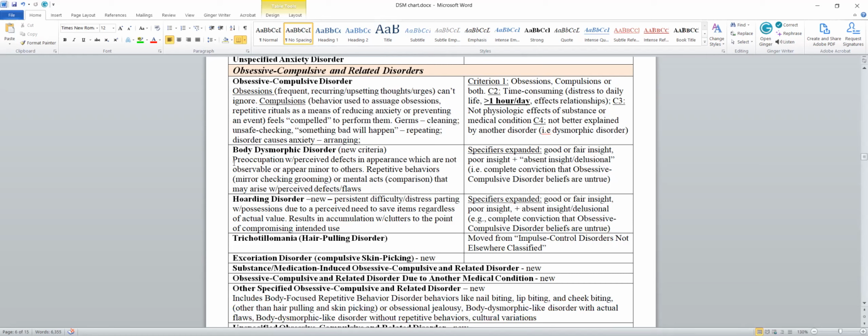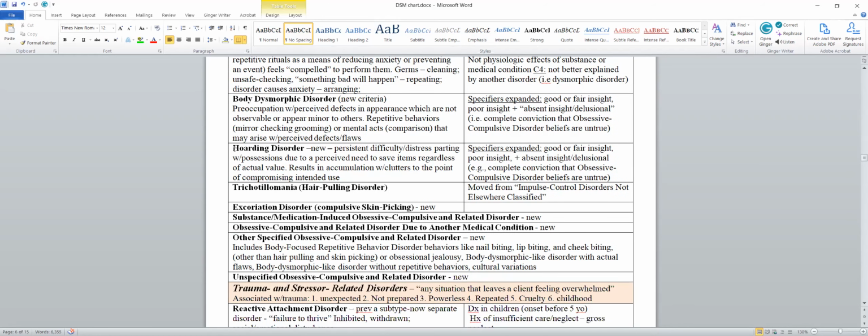Under this category are several subcategories, which include obsessive compulsive disorder, body dysmorphic disorder, which is new, hoarding disorder, which is new, trichotillomania, hair pulling disorder, excoriation disorder, which is compulsive skin picking, which is new, substance medication induced obsessive compulsive and related disorder, new, obsessive compulsive and related disorder due to another medical condition, new, other specified obsessive compulsive and related disorder, and unspecified obsessive compulsive and related disorder.